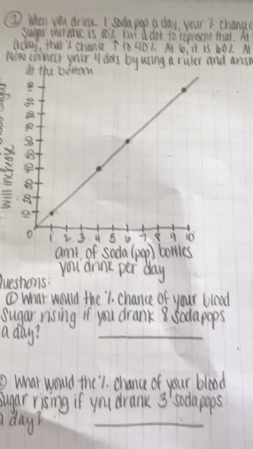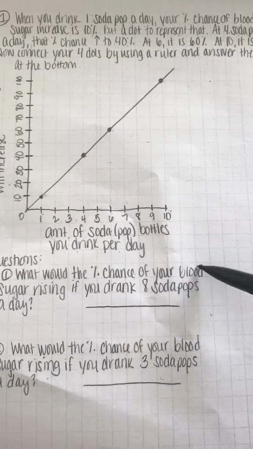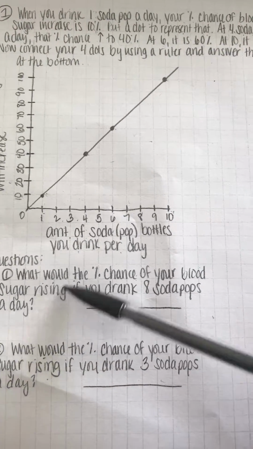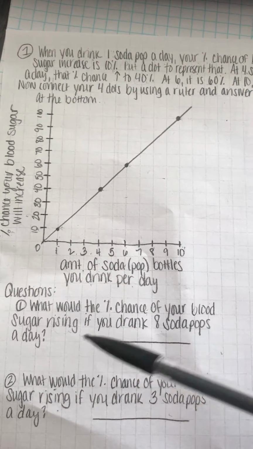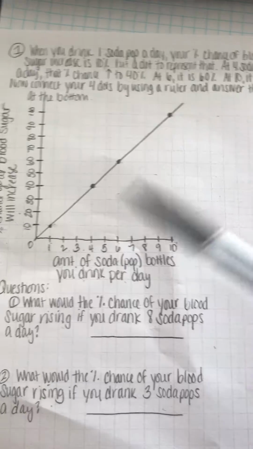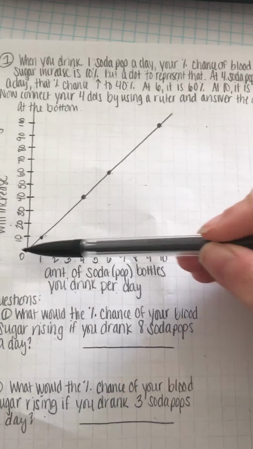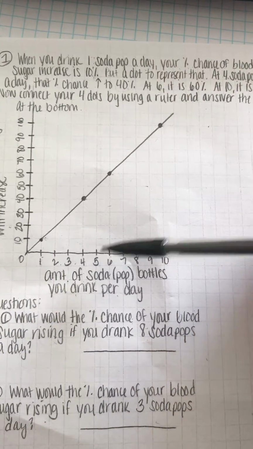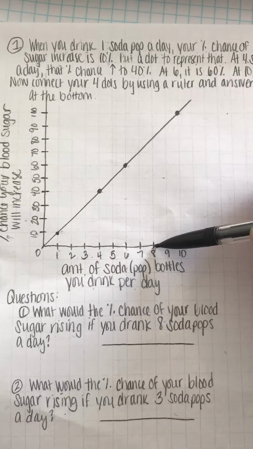So now we're going to do that. So let's look at the questions. What would the percent chance of your blood sugar, that should be increasing, not rising, if you drank 8 soda pops a day? So how do I find this information? First, I have to go to 8, right? So I have to move myself over until I get 8. So now I have to figure out the percentage.